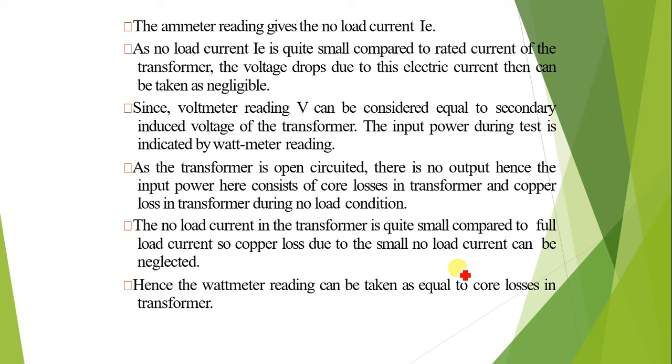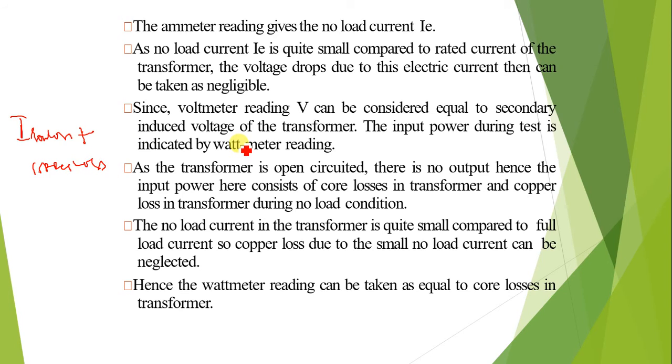Since the no load current in the transformer is very small, copper loss due to this no load current can be neglected, right? As we discussed, in this open circuit and short circuit test, we will be getting iron loss and copper loss.